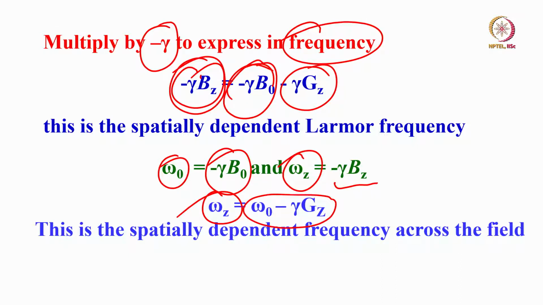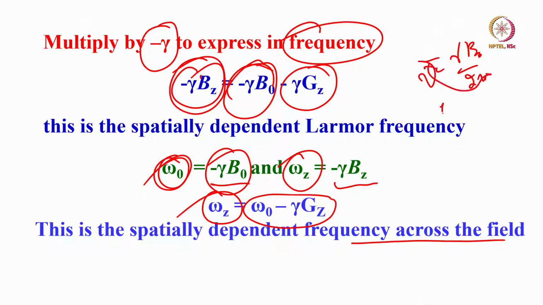This is the spatially dependent frequency across the entire sample we are taking. I did not do anything, simply multiplied this equation by minus gamma, and I know the Larmor or precessional frequency is omega equal to minus gamma into B naught. Do not get confused: nu is equal to gamma B naught over 2 pi. So when this 2 pi goes here, this can be called omega naught, that is all, nothing else.